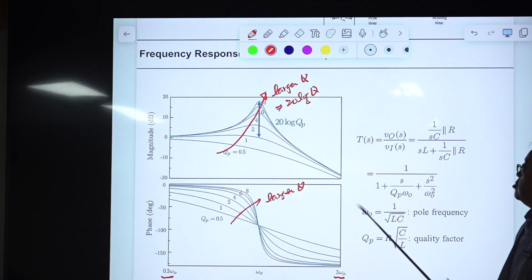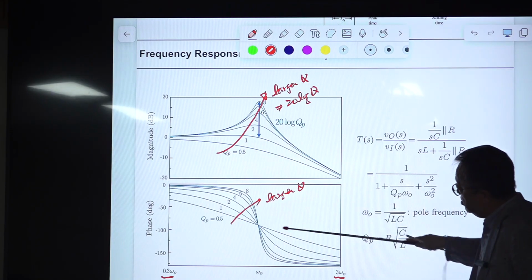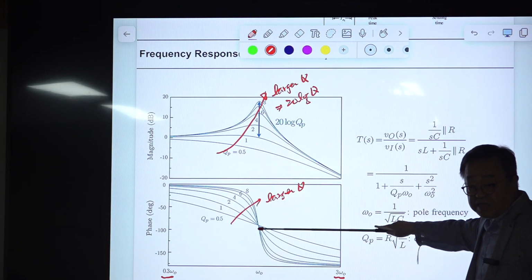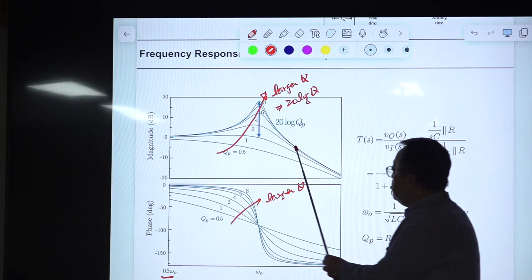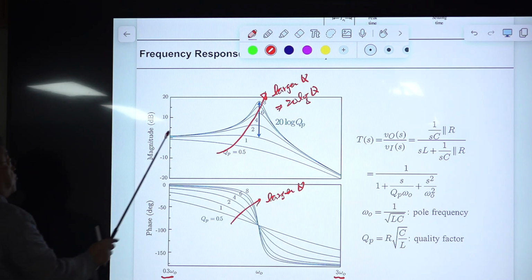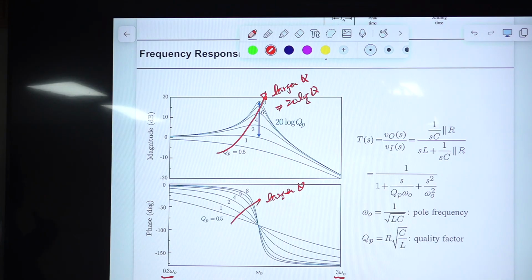We already know this is the maximum of this, and we already know the phase change like that, and this merges, this is what? This minus 90 degrees, okay? So at this frequency, this phase is exact, and at this frequency, this value is a very good approximation. For the high Q situation, error becomes negligible, right?